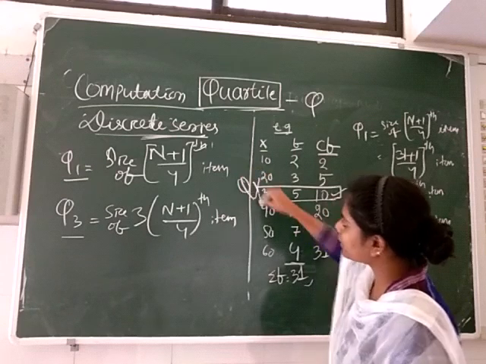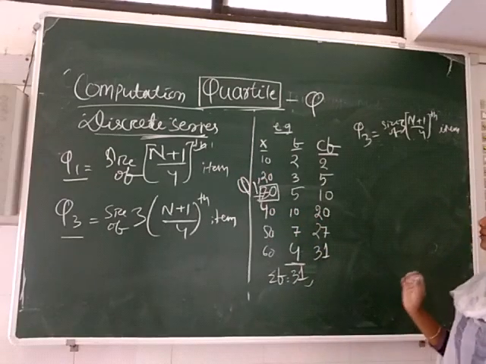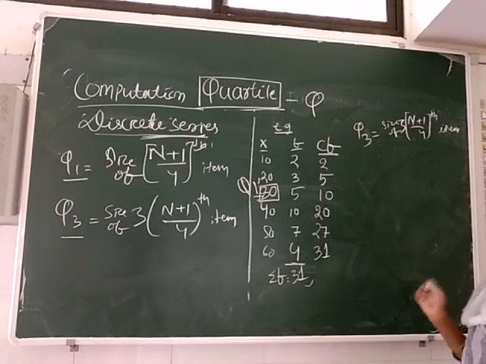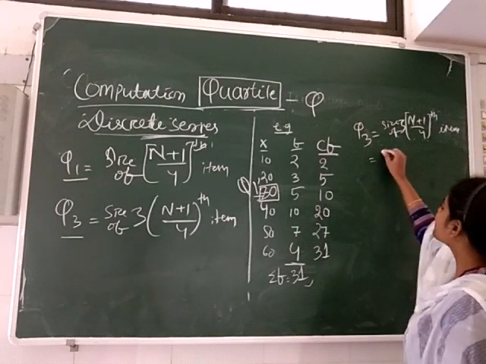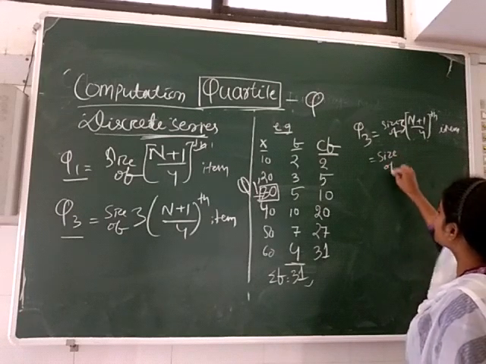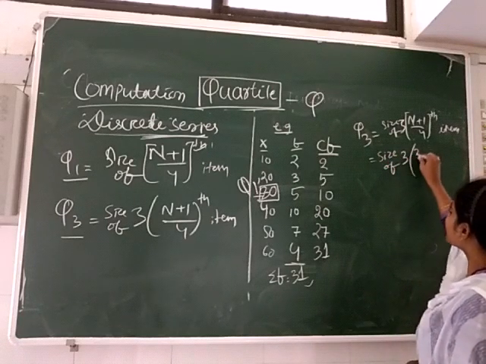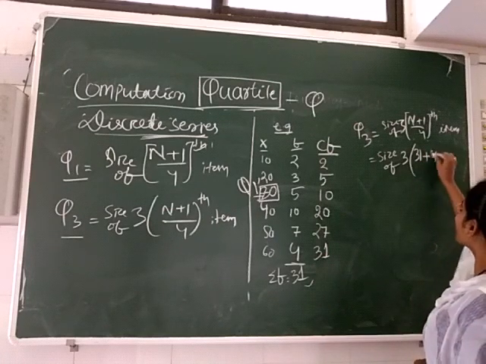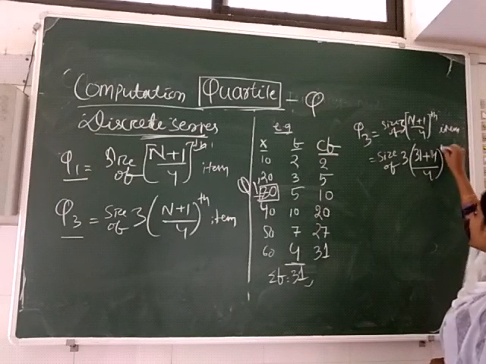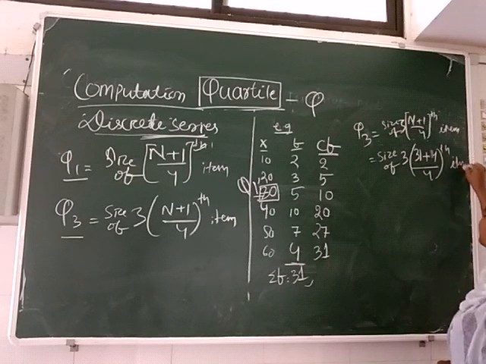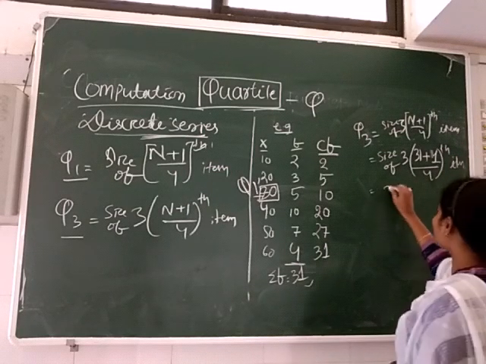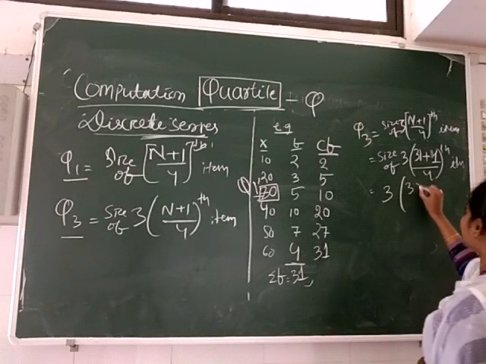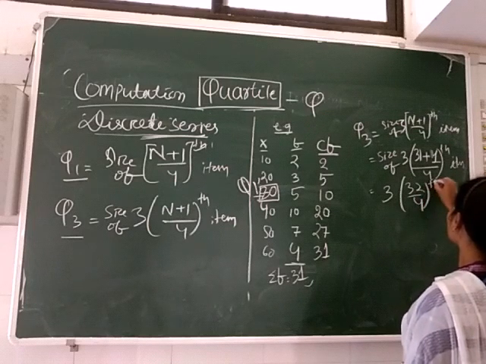Now we compute Q3 and the formula will be size of 3 into n plus 1 by 4th item. So that means size of 3 into 31, n equals total number, plus 1 by 4th item. So now we compute this. This will be 32 by 4th item.